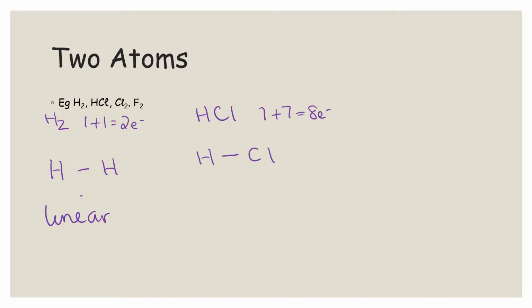Well, hydrogen doesn't have an octet, it only has 2 electrons, but chlorine does. Now there is no central atom here. To spread these as far apart as possible, you will get a bond angle of 180 degrees, which makes it once again a linear molecule.